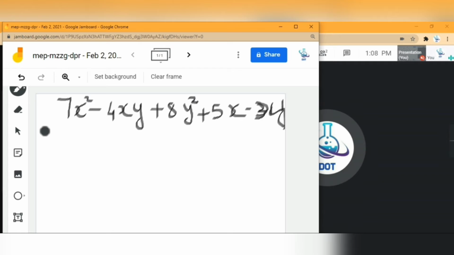Minus, we are doing subtraction, minus 5x square. So we have to write down where the variables are equal, that is 5x square, then minus 4y square, we have to write it under plus 8y square.